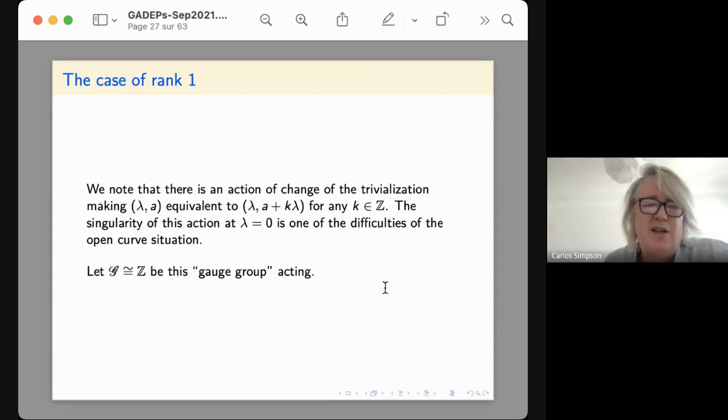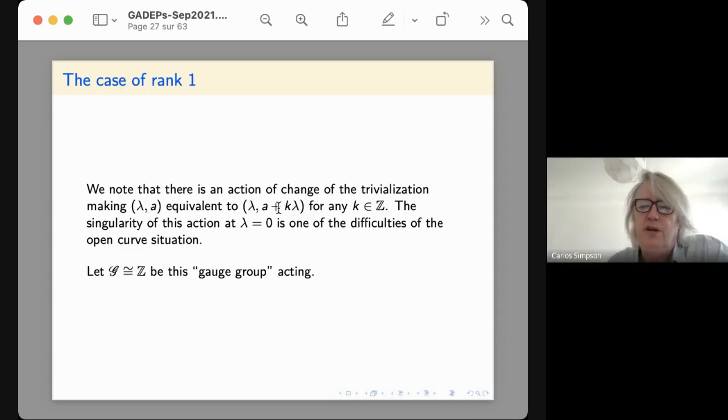Now you might say, okay, that's not quite fair because you might have chosen a different trivialization. So there's kind of what we would call a gauge group here, which is you could change the trivialization, and then (lambda, a) is going to be equivalent to (lambda, a plus k times lambda). One of the difficulties in this open situation setup is that at lambda equals 0, this action is singular, right?